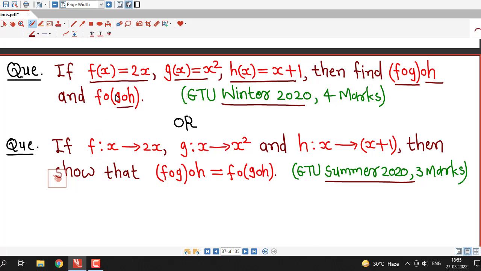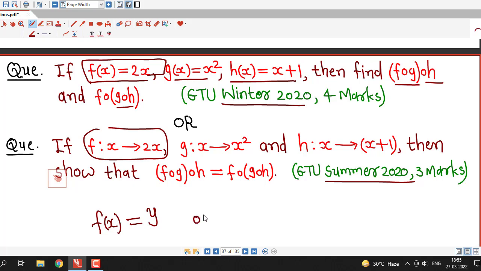And here the same function is expressed in another way, f from x to 2x. We know that we can write our function as f(x) equal to y, or we can represent the same function in this way also, f from x to y, or image of x is y under this function f.